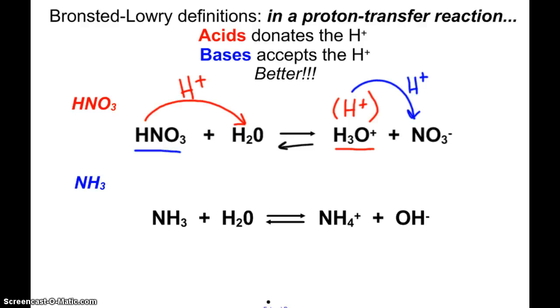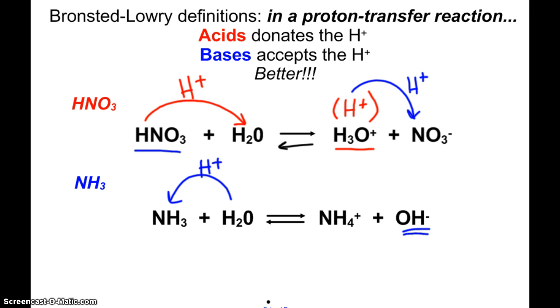Now ammonia, NH3, it's a base. It has basic properties. It does not have a hydroxide in it. So you can see here what's going on is that a hydrogen ion is being transferred from the water to the NH3, and you create NH4+, and there's the hydroxide.